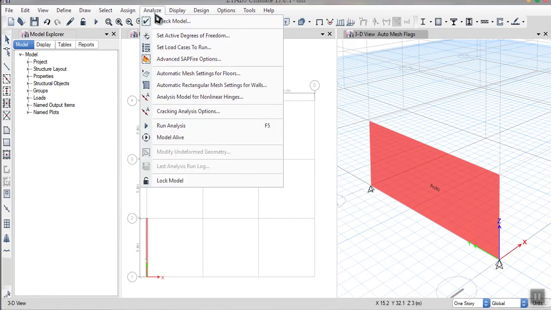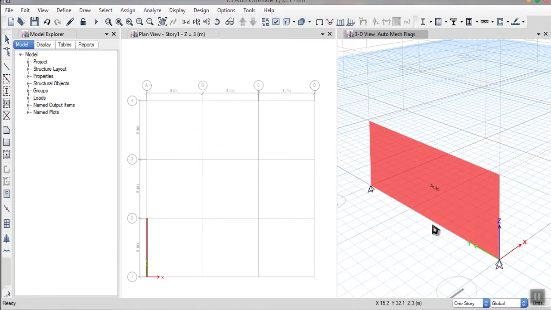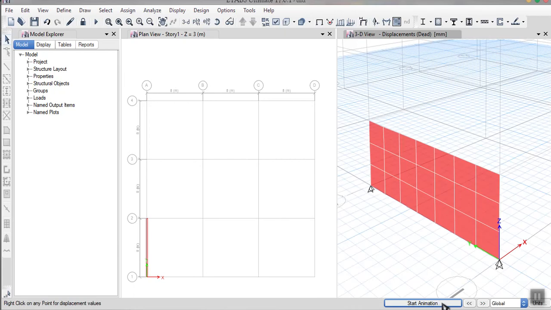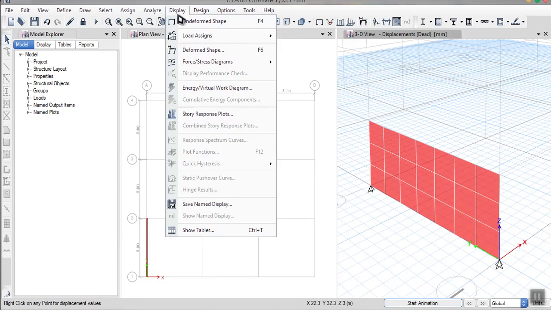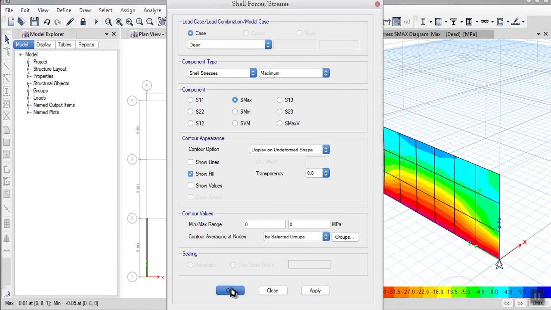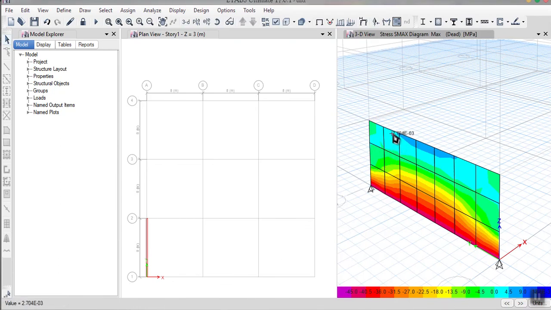Okay, now if you try to run the analysis, let me simply look at shell stresses, S maximum on the maximum faces. Okay, so you can see the pressure variation is approximately 0 and coming back to maximum right at these faces.